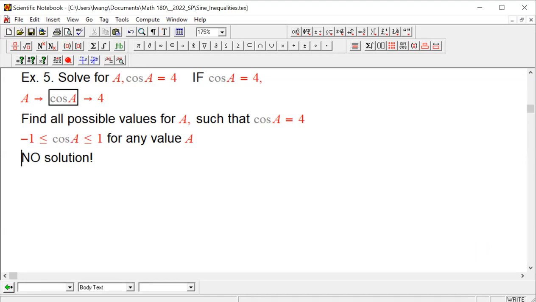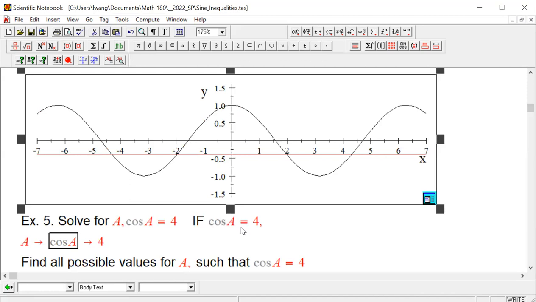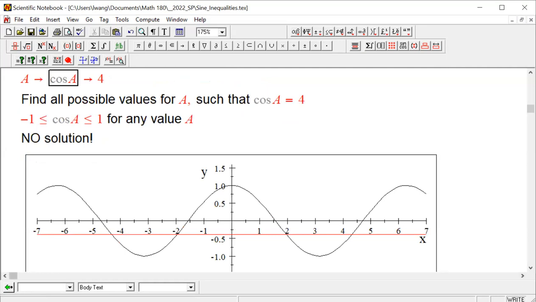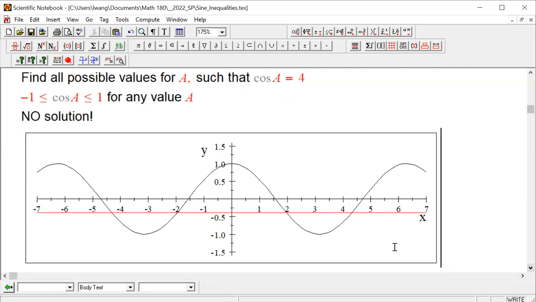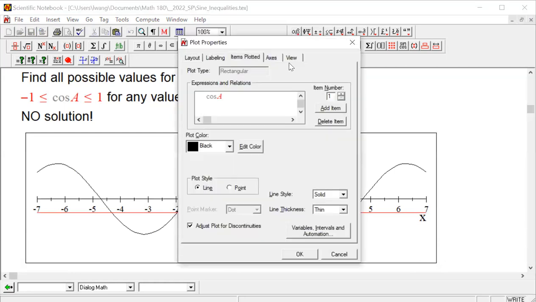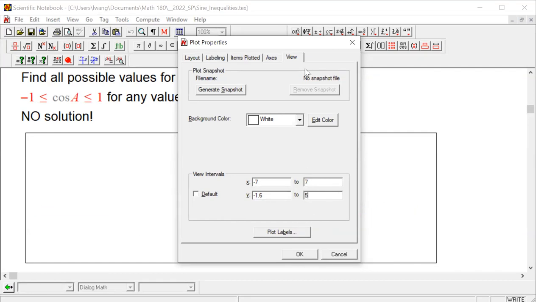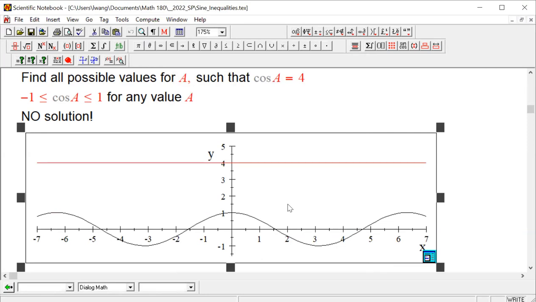And here I want to show you just a little bit extra, which I didn't show for sine. We're going to draw a horizontal line, and the line is 4. Let's show the picture. No touch, no solution.